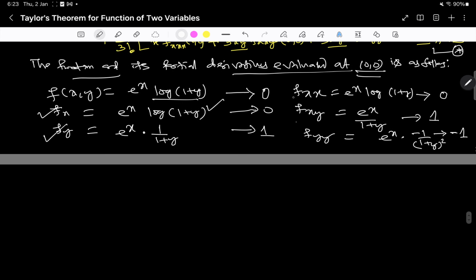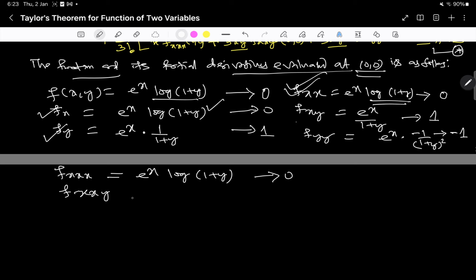Then come to the third derivative. Coming to fxxx, the third derivative, it is equal to e^x log(1+y), which is 0. And fxxy, already you have fxx with respect to y, it is e^x times 1/(1+y), so it is 1.